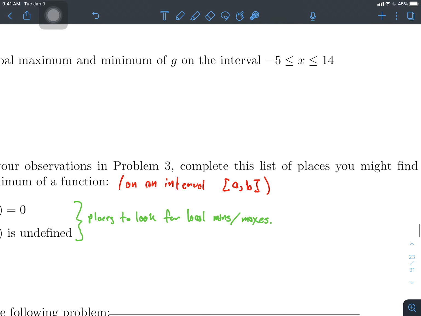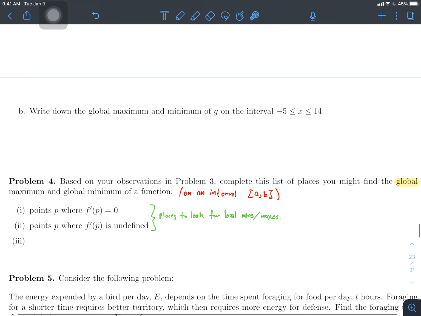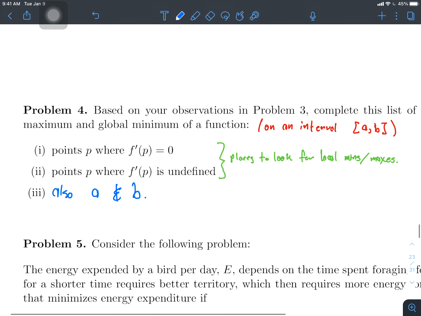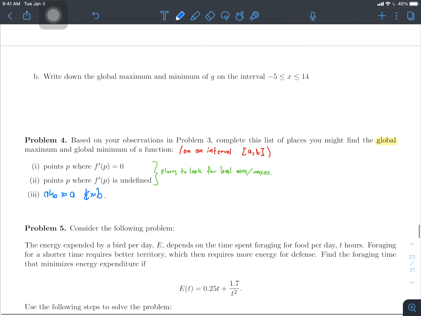So the question is, where might I find the global maximum or global minimum of a function on the interval a comma b? I need to check the critical points and also a and b, the points on the boundary, x equals a and x equals b. Those are the places where I need to look for a global maximum.